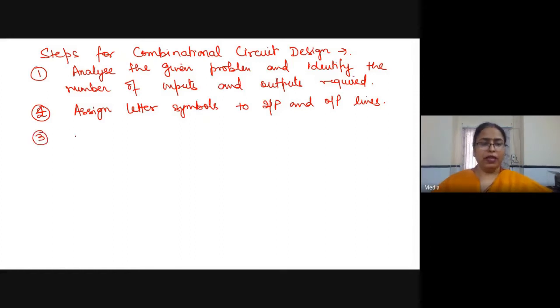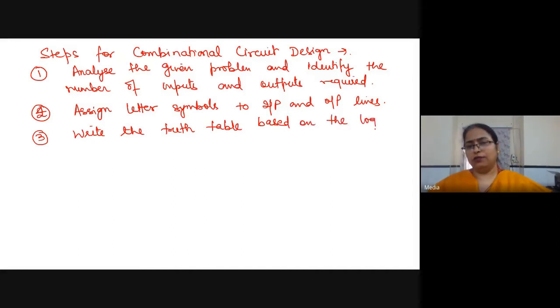And the third step is to write the truth table based on the logic.